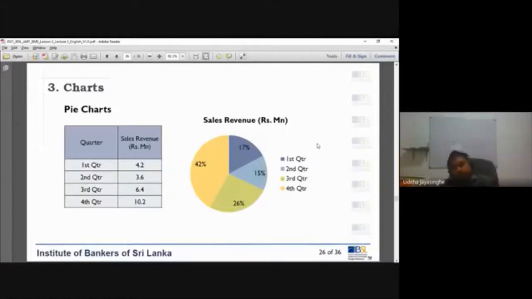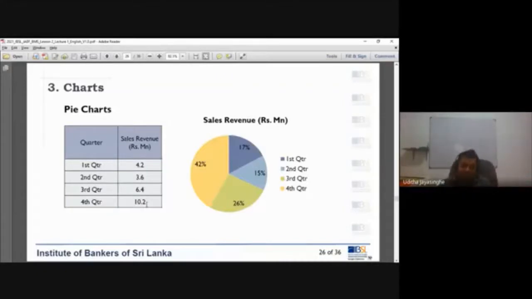Whether the fourth quarter revenue generator has been there for the last 5 years, or it seems to be a trend to have much more sales revenue in the fourth quarter. So instead, let's say you had 25% of sales revenue each, 4.2, 4.2, 4.2 and 4.2, 5 years ago, versus the pie chart that we see here.